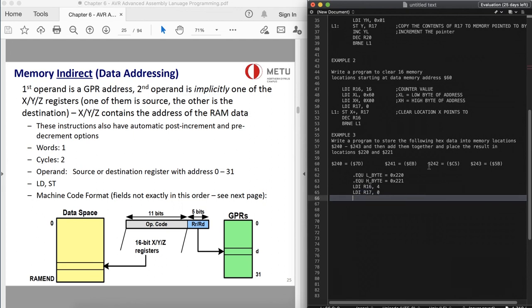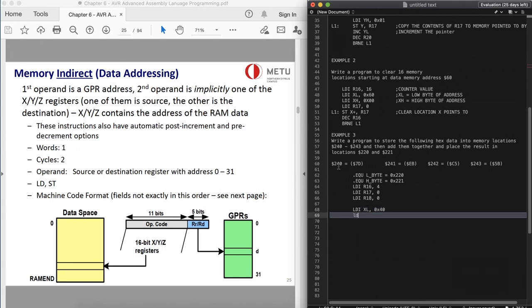Okay, and then we need another one for when we increment it. So we initialize 2 separate counters that we are going to use. I'll show you. One of them is not a counter actually, but we will need them. So now LDI XL is going to be 0x40. So we have to get the low byte of that address.